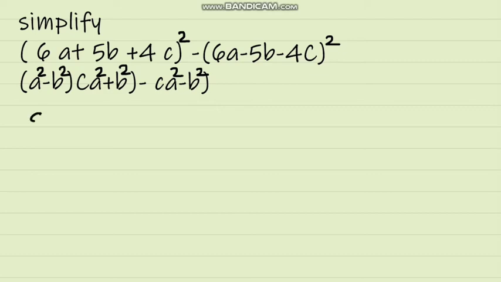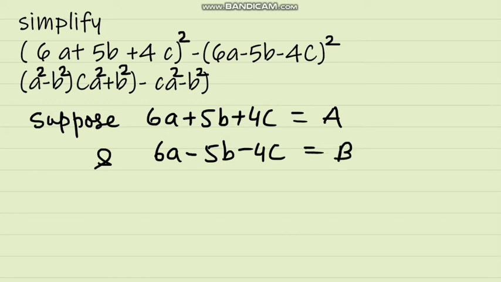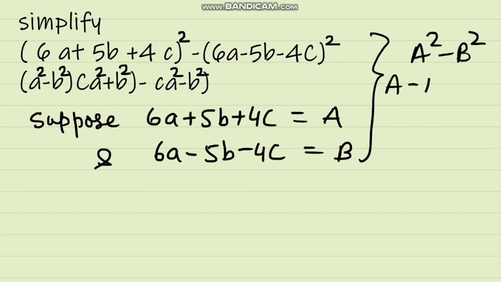Suppose you take 6a plus 5b plus 4c equal to capital A and 6a minus 5b minus 4c as capital B, then this whole thing becomes A square and this whole thing becomes B square. So it comes in the form of A square minus B square, and you know that A square minus B square means (A minus B) into (A plus B), isn't it?